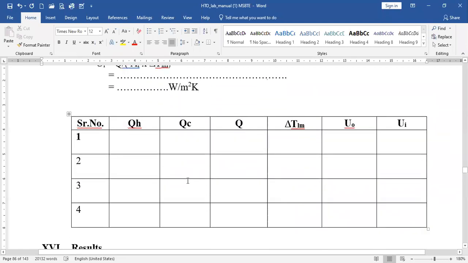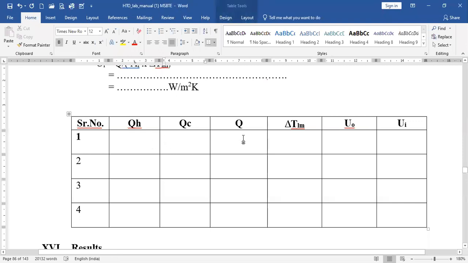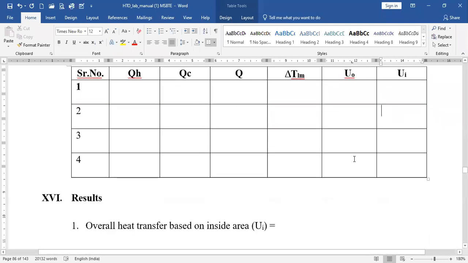In this table, we can put the values of QH, QC, Q, delta TLM, UO, and UI. If you want to repeat the practical or experiment, then you can change the volumetric flow rate, and on the basis of the change in volumetric flow rate, these QH, QC, Q, delta TLM, UO, UI values will be different. So you can repeat the same procedure for different groups or different batches.